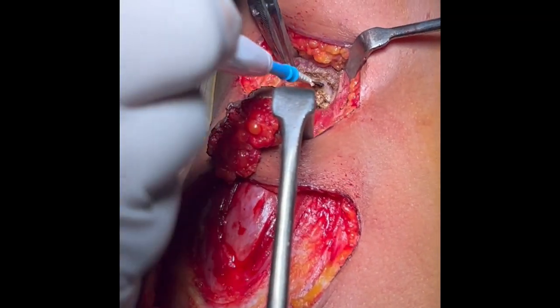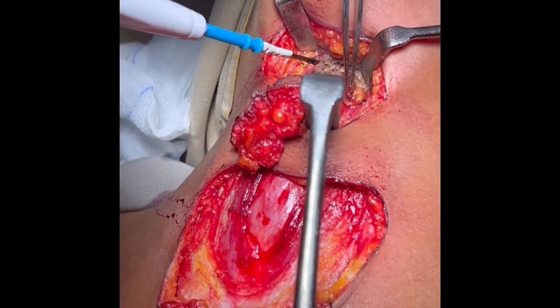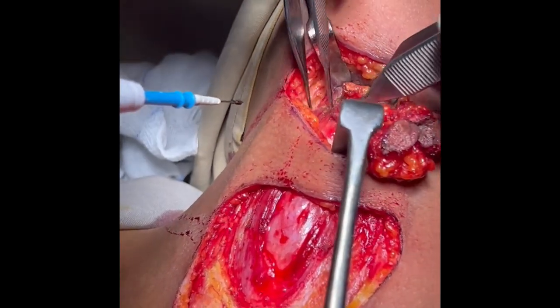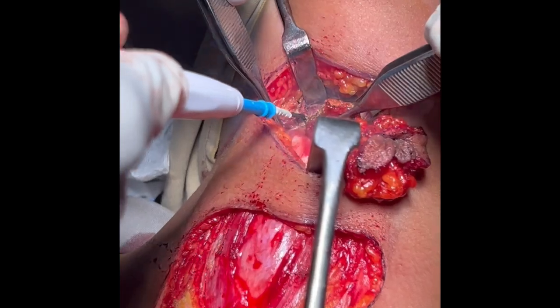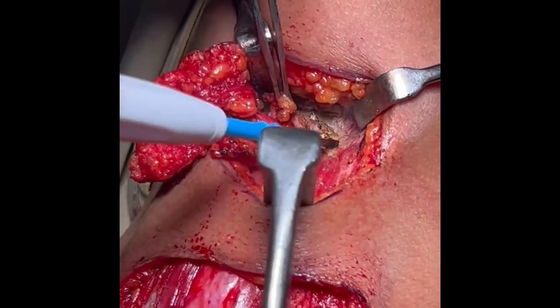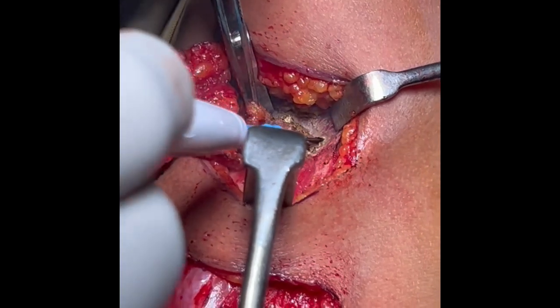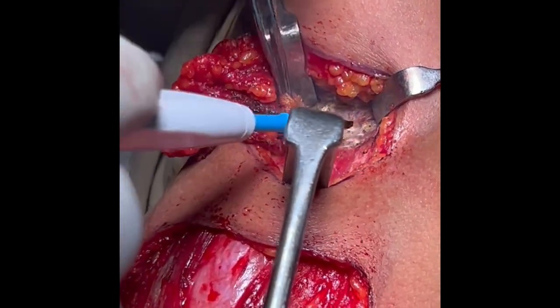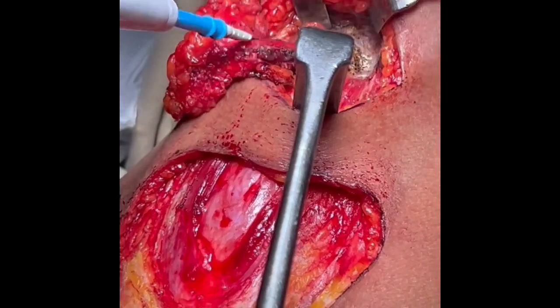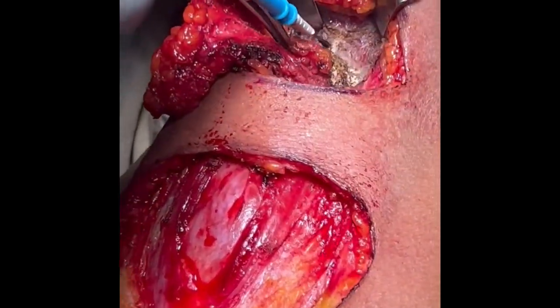So you have to look at all aspects of the anatomy so that you can go through proper dissection of the central part of the hyoid body. There is no major structure till the lesser cornu of the hyoid body. So don't hesitate and dissect properly on the hyoid bone.